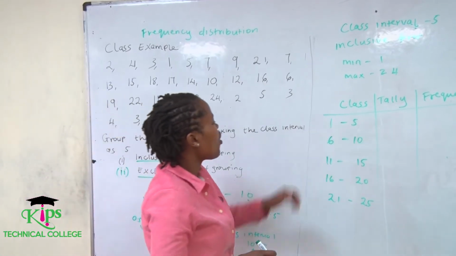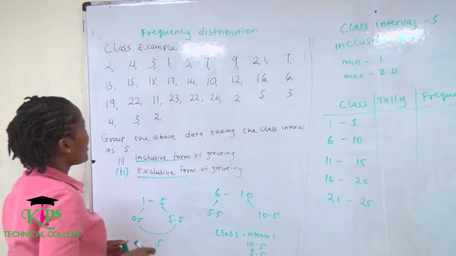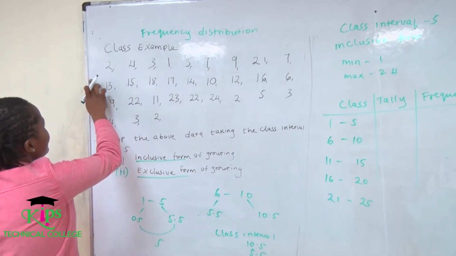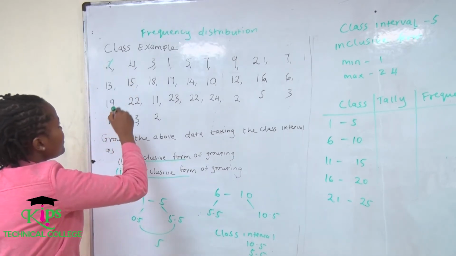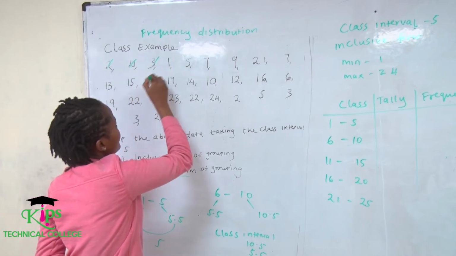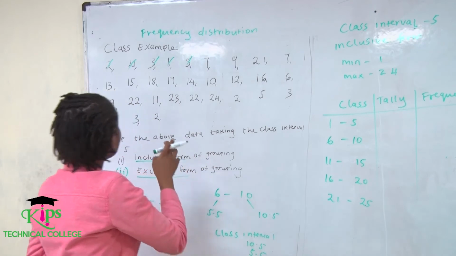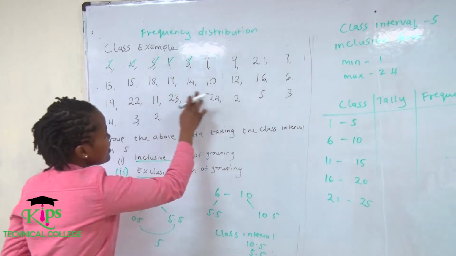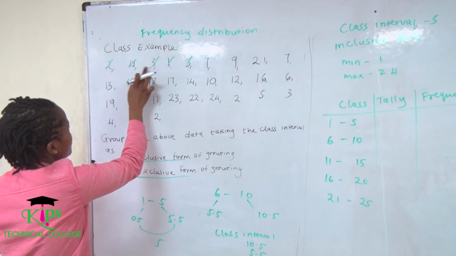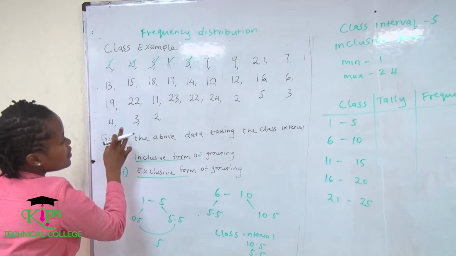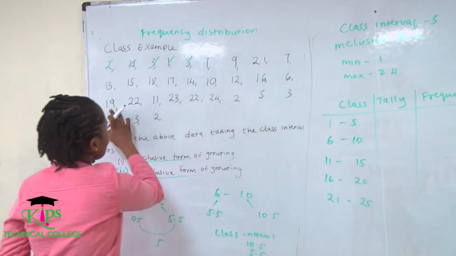So we find out all the values in between 1 and 5. So in this case, we will have 1, 2, 3, 4, 5. Then, you'll be very keen. Here we don't have any.